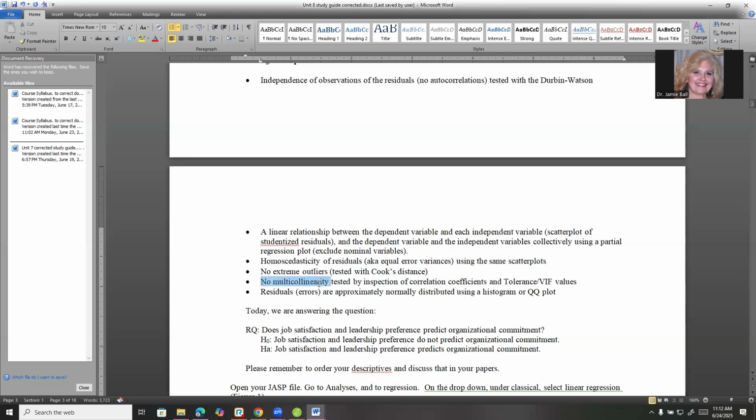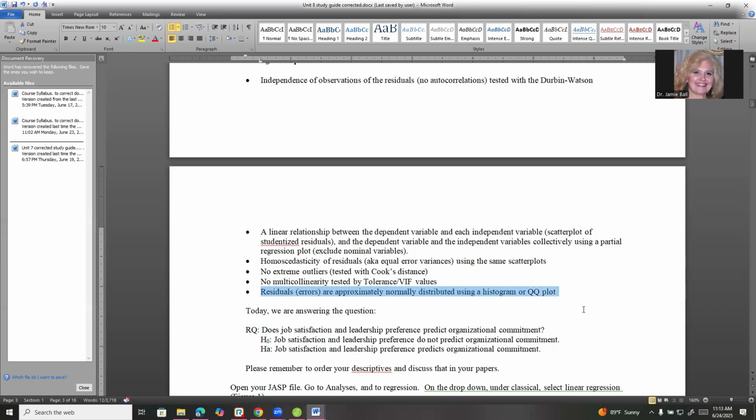No multicollinearity, which we test with an inspection of correlation coefficients and the tolerance and VIF values. Honestly, we could probably do just tolerance and VIF values since we're using JASP today. And then the residuals are approximately normally distributed, and we create a histogram or a QQ plot.